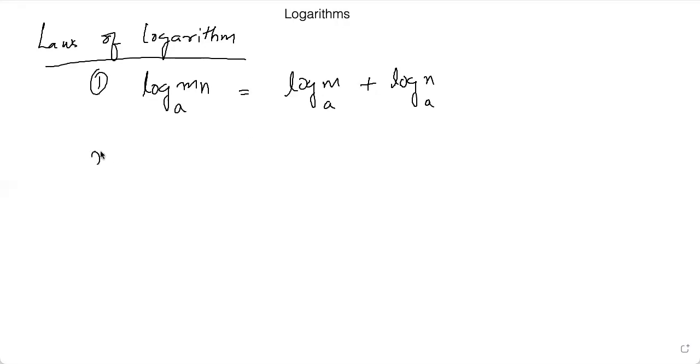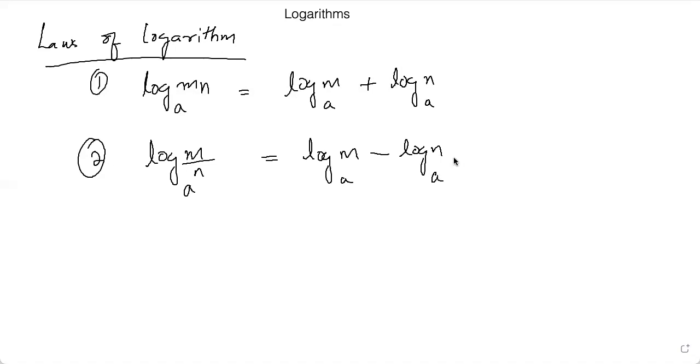Okay, and second law, log m by n to the base a, which is equal to log m to the base a minus log n to the base a. Okay, and we have one more law, which is log m to the power of n to the base a is n log m to the base a.